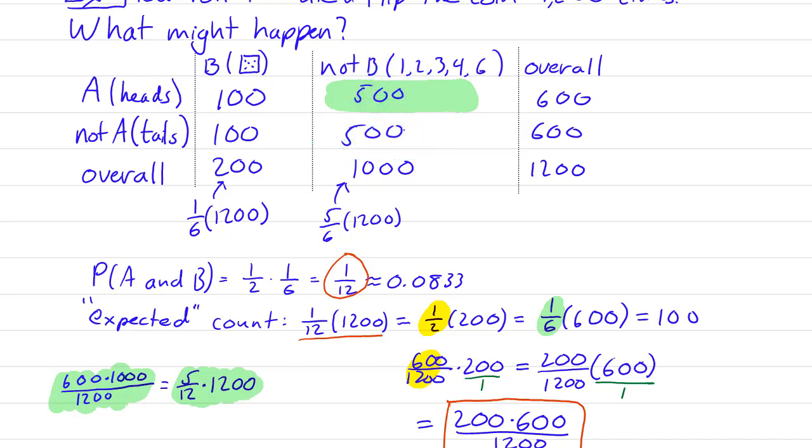So that's what might happen if everything works out perfectly and you get exactly half of your coin flips being heads. But in real life, that's not very likely to happen.